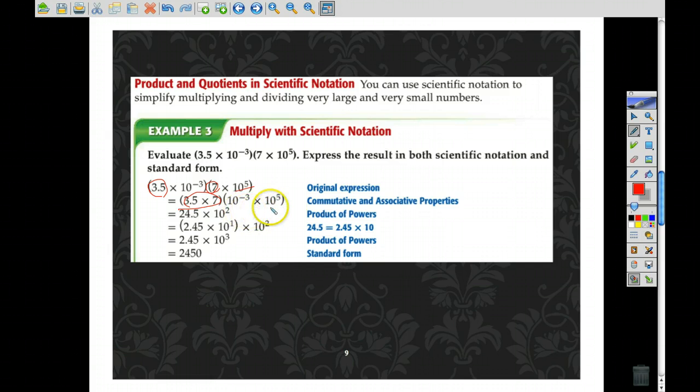And we learned this in the previous section where if you have a negative exponent, that means you can bring it down as a fraction.